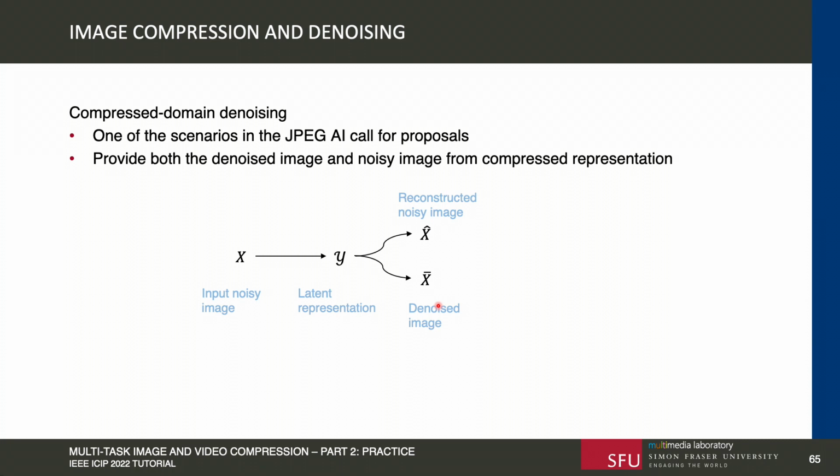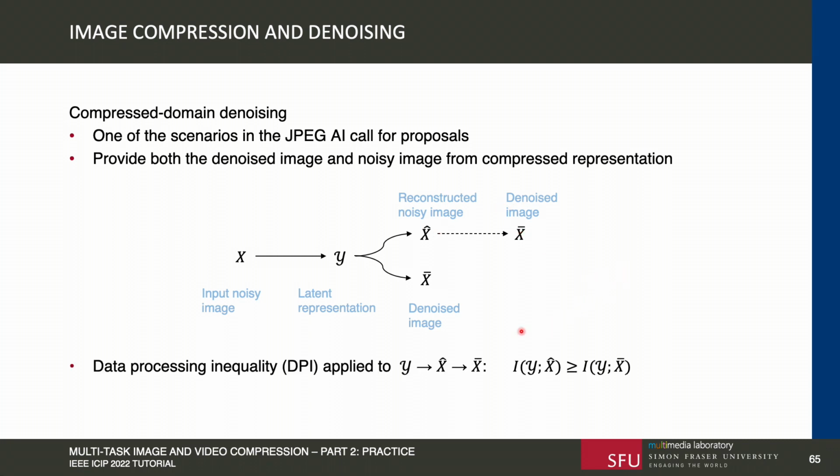So first, we note that if we have a reconstructed noisy image, we can apply denoising to it to create a denoised image X bar. And then we apply the data processing inequality to the Markov chain Y to X hat to X bar.